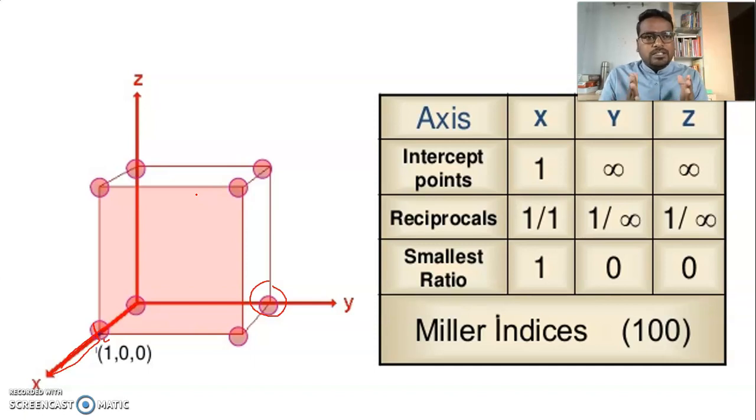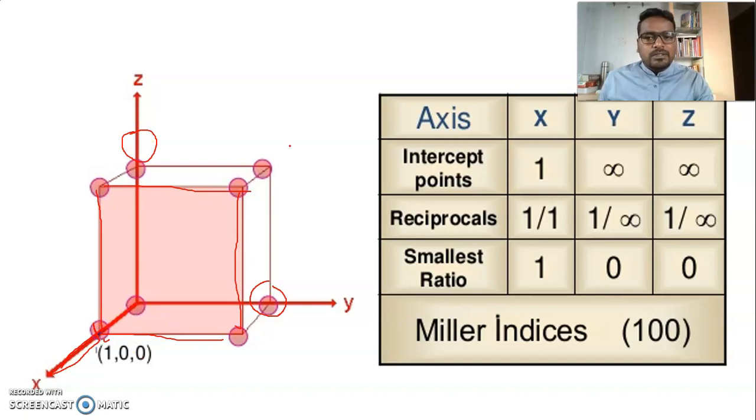That is, they are used to indicate the position, the location of the plane along the crystallographic axes. If you consider this plane particularly, it intersects only the x axis. It does not intersect either the z axis or the y axis. That's why it is 0.